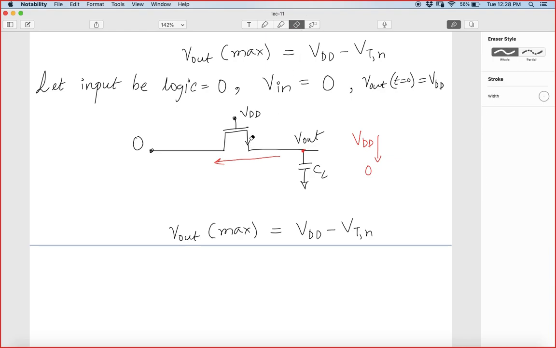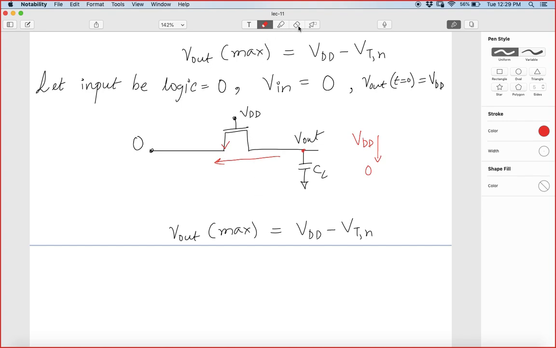Whichever is at higher potential is the drain; the other, already at zero potential, is the source. Current flows from drain to source in an NMOS. Initially VGS is equal to VDD, so it is on in all conditions, and that's why it easily goes from VDD to 0.